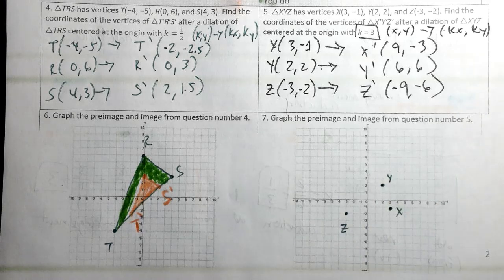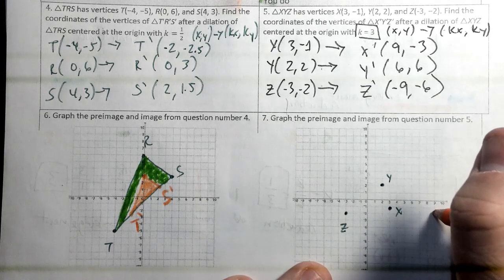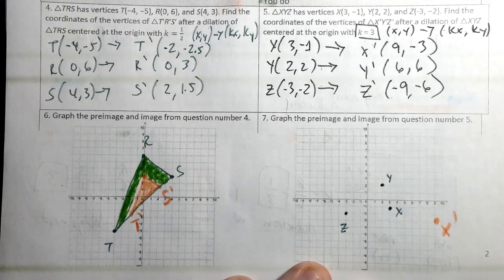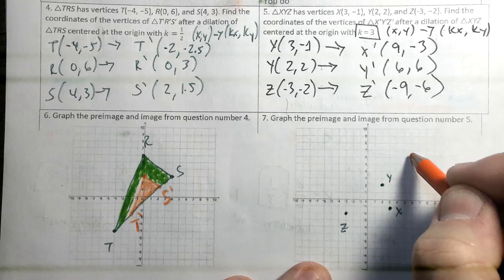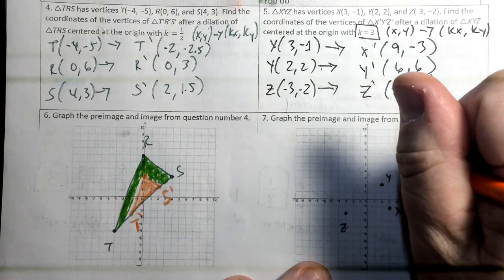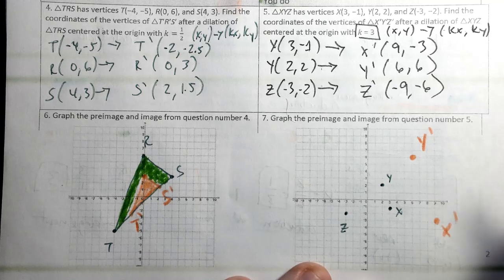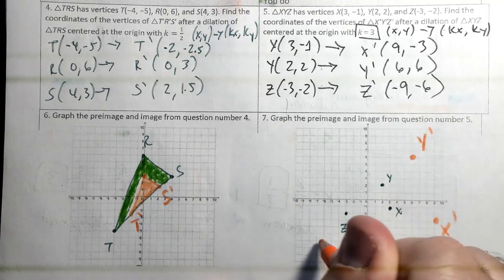All right, so X prime is (9, -3), Y prime was (6, 6), and Z prime is (-9, -6).